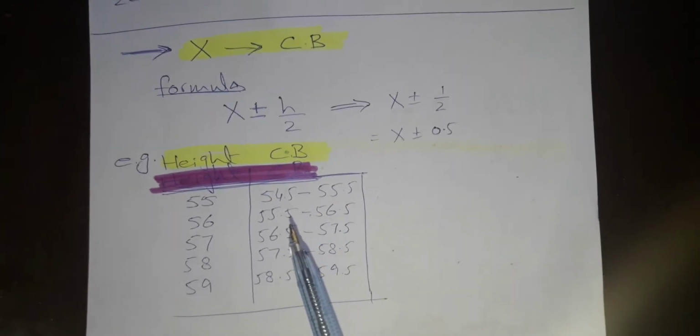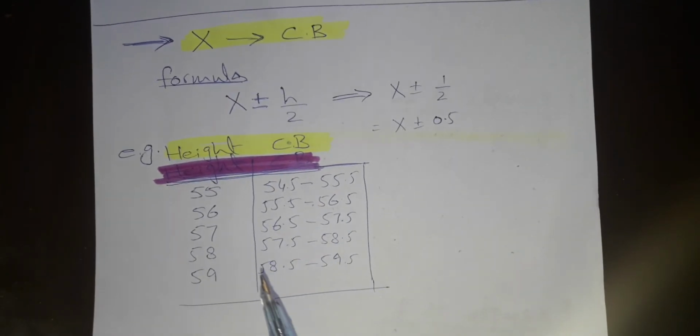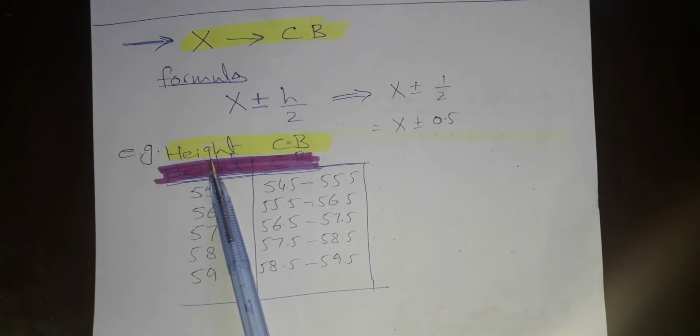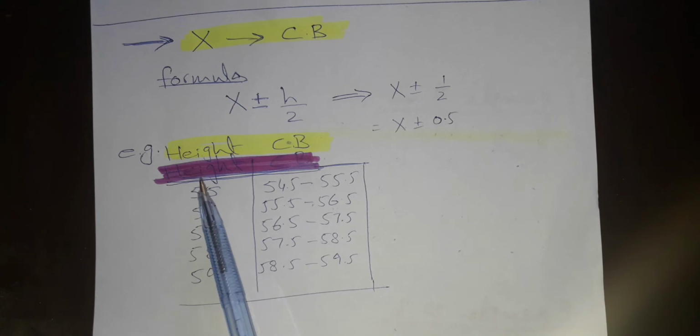First of all, I am going to tell you an important thing. Before you go to the class boundary column, you should observe what the variable of x is. It is height. Height is a continuous variable. What is continuous?